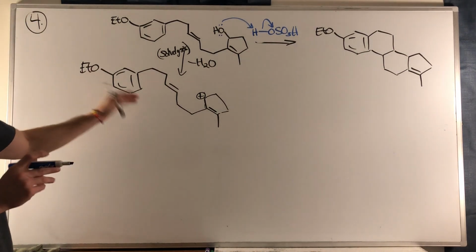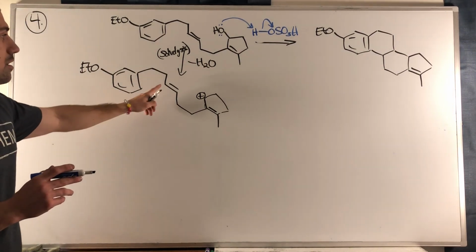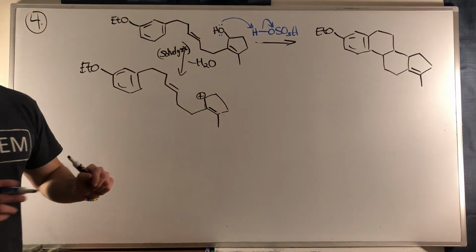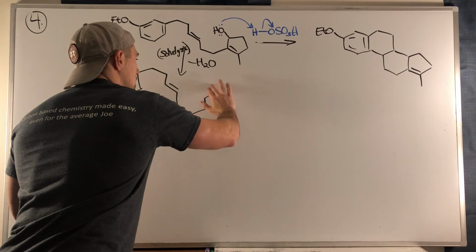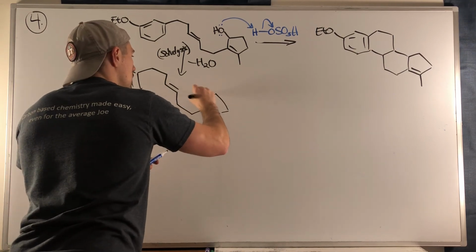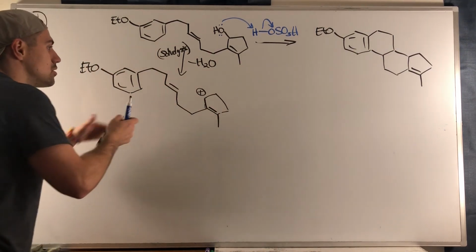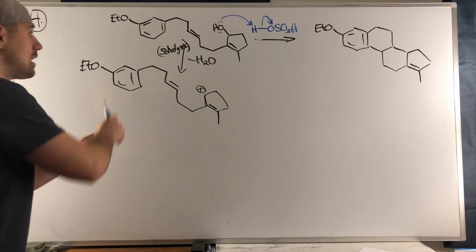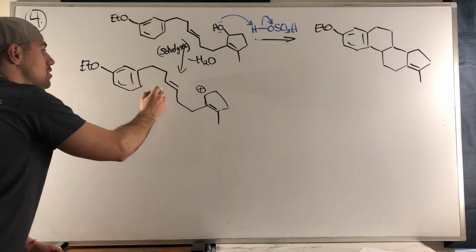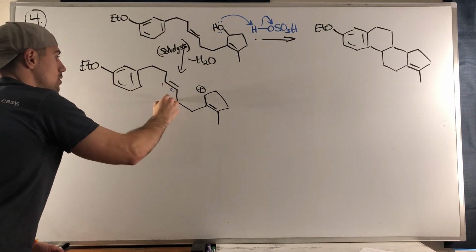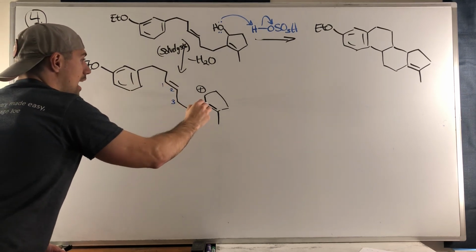What I hope you're seeing though is this double bond in proximity of that positive charge. We're absolutely going to do something here. And let me make this a little farther away. What I like to do when I see positive charge and something happening intramolecularly is to start numbering. So I'm going to go ahead and do 1, 2, 3, 4, 5, and 6.